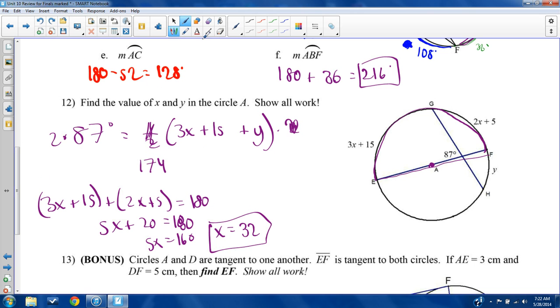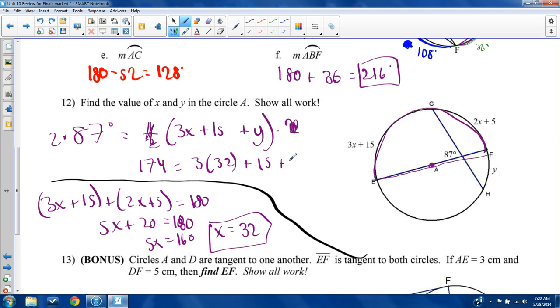So 174 equals 3 times 32 plus 15 plus y. 3 times 32 is 96. 96 plus 15 is 111. So 174 equals 111 plus y. Subtract 111. Y equals 63. 63 and 32, there and there. So that's solving for x and y using two different properties there.